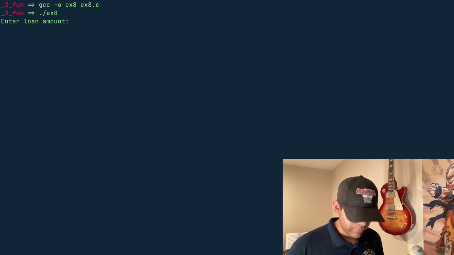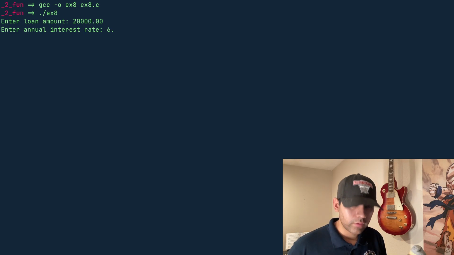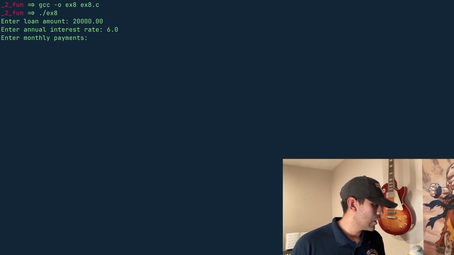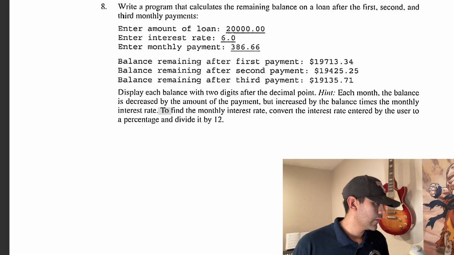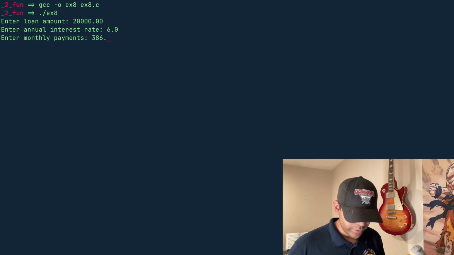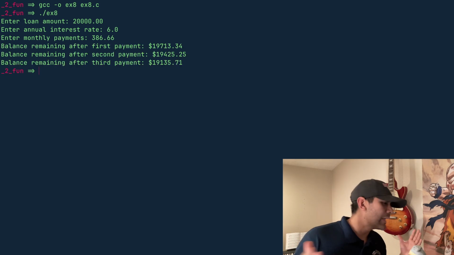Enter the loan amount. It was 20,000.00, and the interest rate was 6.0, and the monthly payments were 386.66. We did something right.